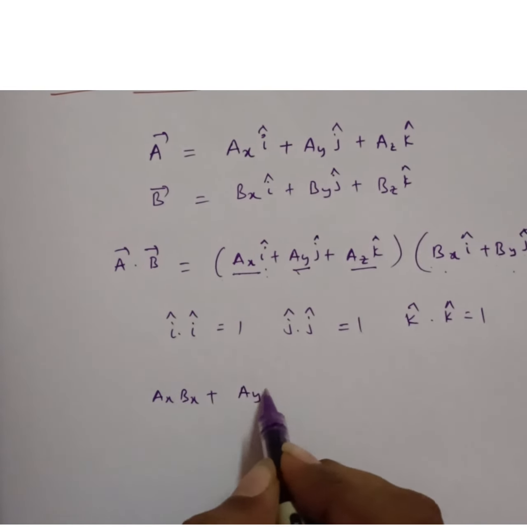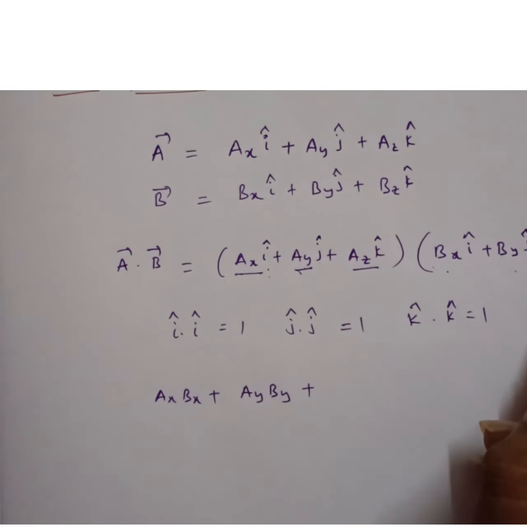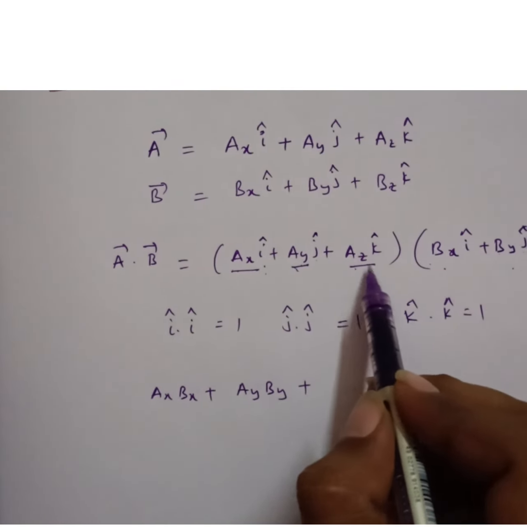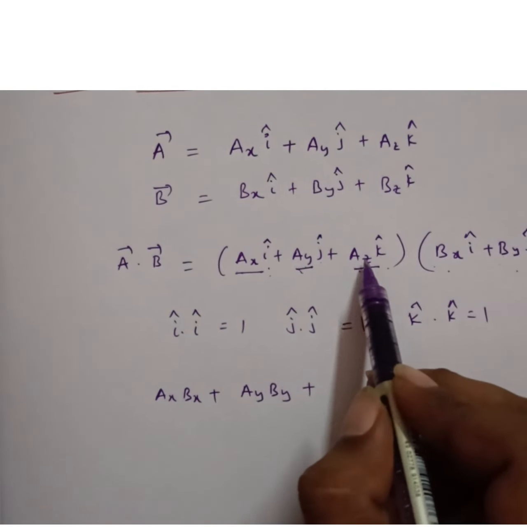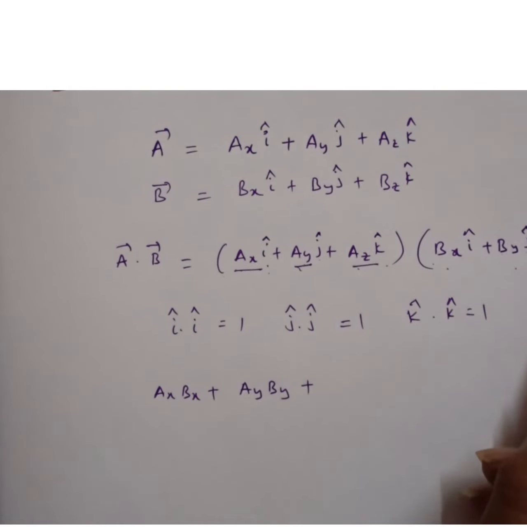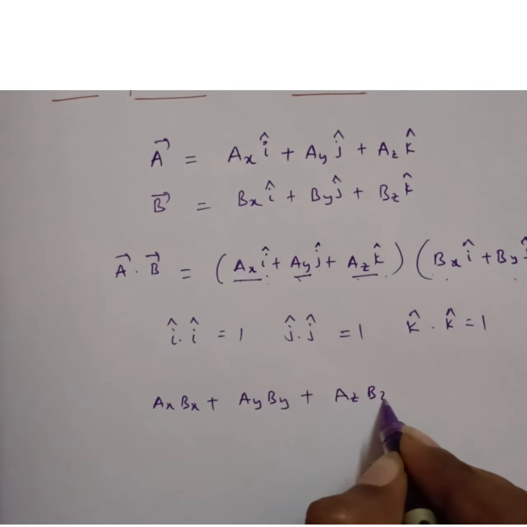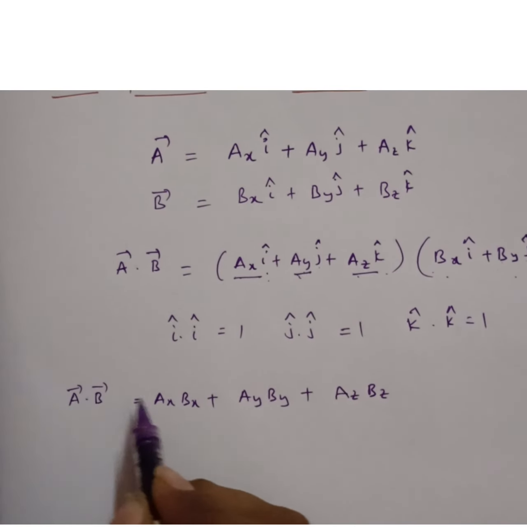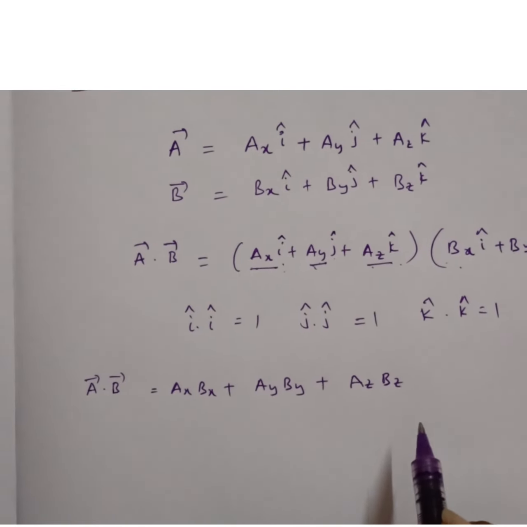So Ay By, plus Ay j with Bz k is 0, like that. Az k with Bx i, k dot i is 0, k dot j is 0, k dot k is 1. So Az Bz, simple. A bar dot B bar equals Ax Bx plus Ay By plus Az Bz.